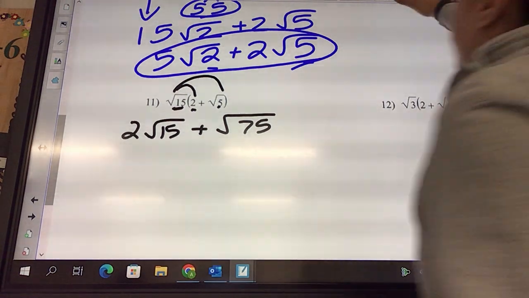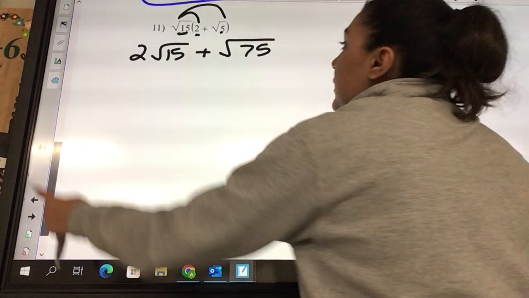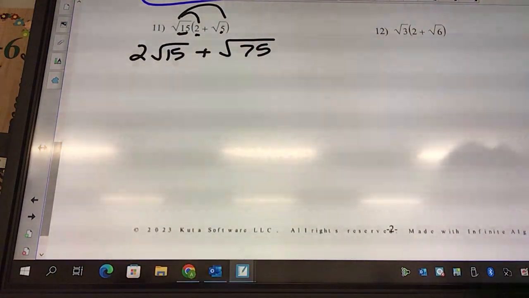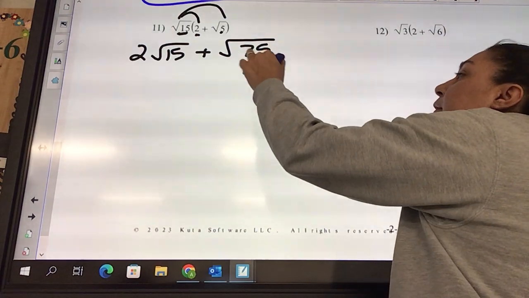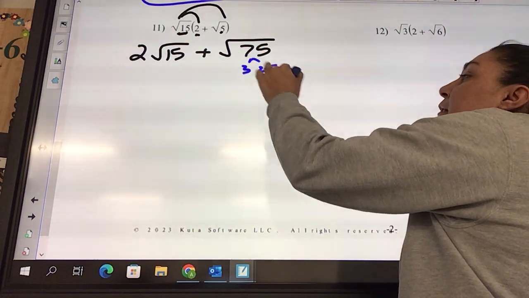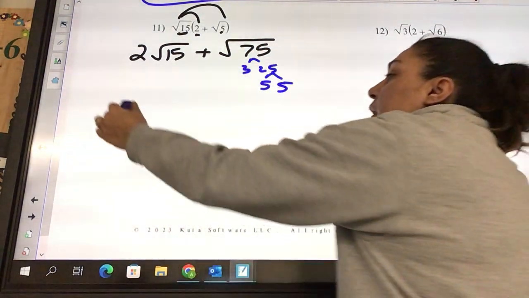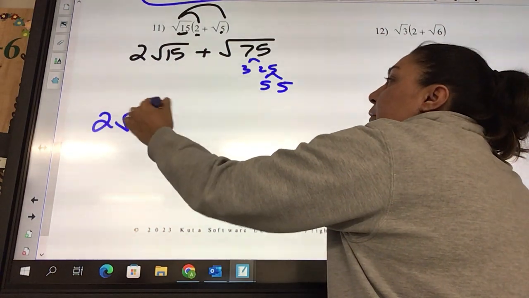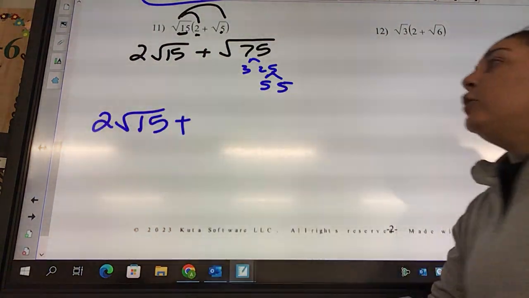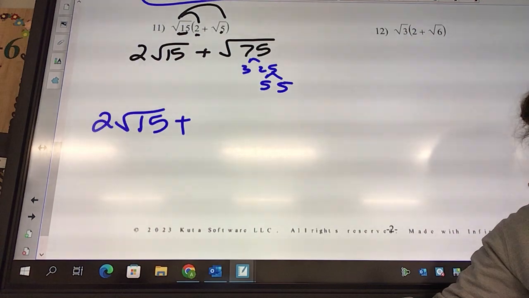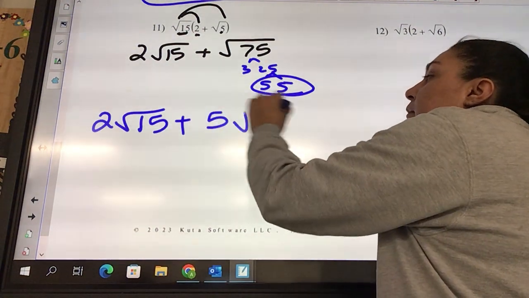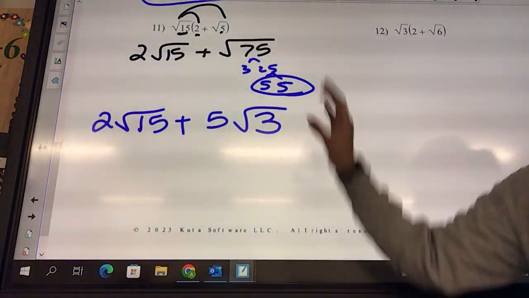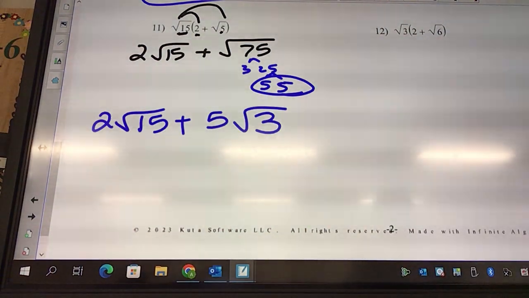Okay, the 75. What are some factors of 75? 3 and 25. And then we got 5 and 5. Okay, so you're going to have 2 square root of 15 plus, who can go with that 75? The group of 5s. Who cannot go? The 3. Okay, can we combine those two?